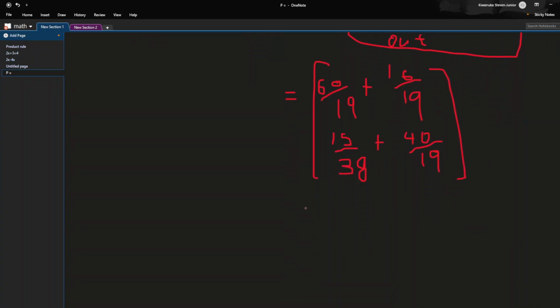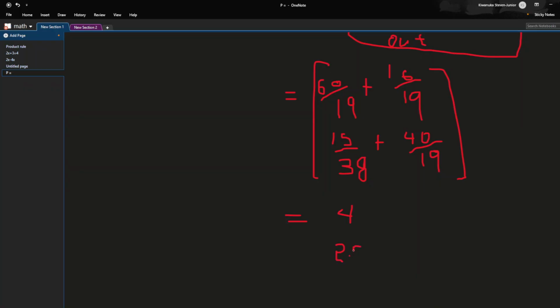Now we add these to get our values of P1 and P2. Up here we have 60 divided by 19 plus 16 out of 19, and we get an exact answer, which is 4, while here we have 15 out of 38 plus 40 out of 19, and we get 2.5.